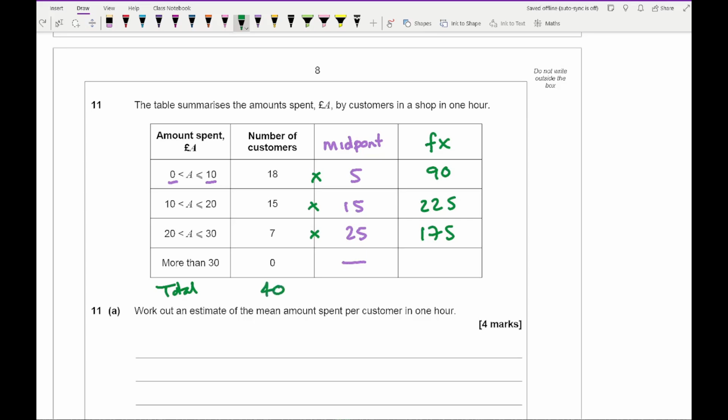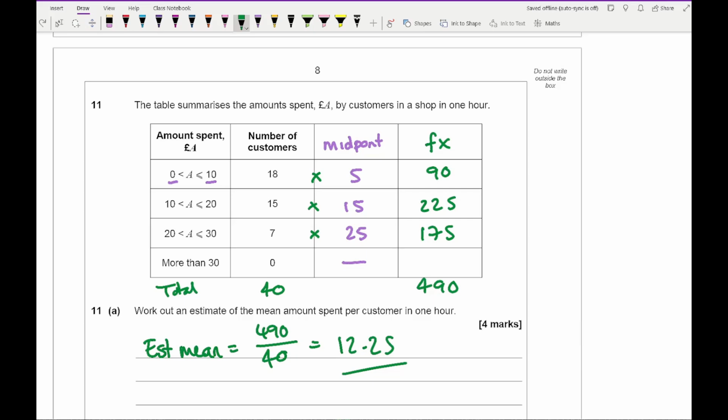And the total fx, which is 90 plus 225 plus 175, gives me 490. So the estimated mean is going to be 490 over 40, which gives me an answer of 12.25.